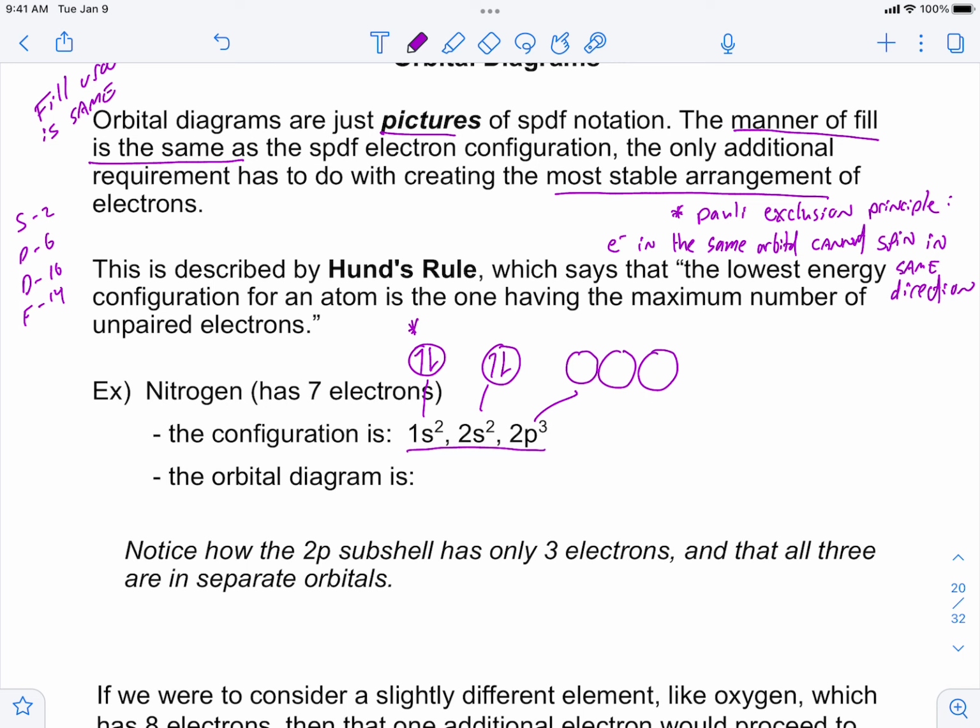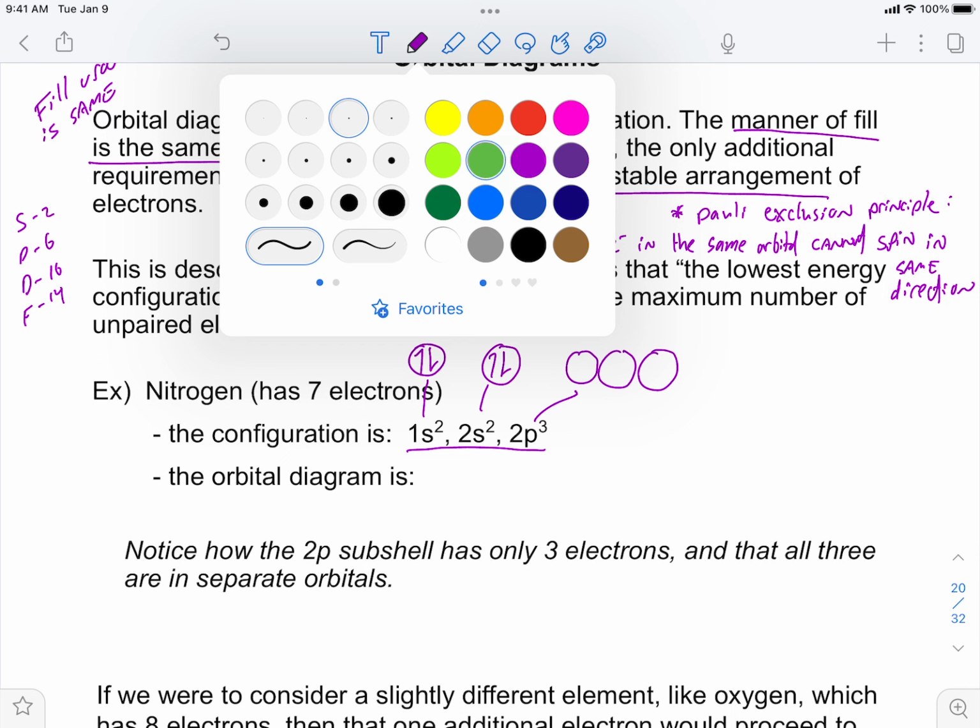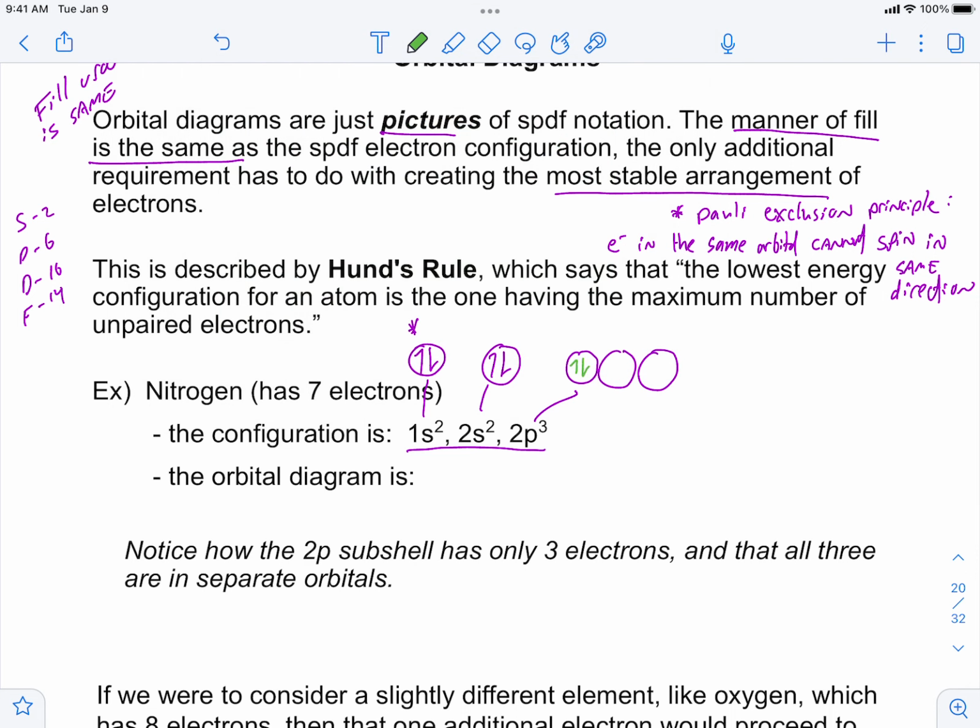Now, the number of electrons in this sublevel is 3. Okay, but I'm going to jot something down here. I don't want you to copy what I'm doing because I'm going to erase it in just a second. Okay, but watch. Let's say that I put 3 electrons in this sublevel here in green, like that.